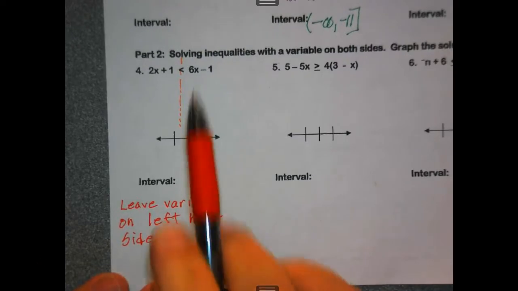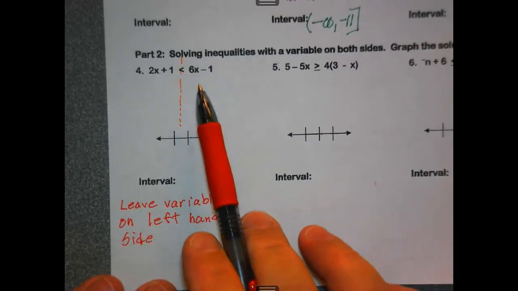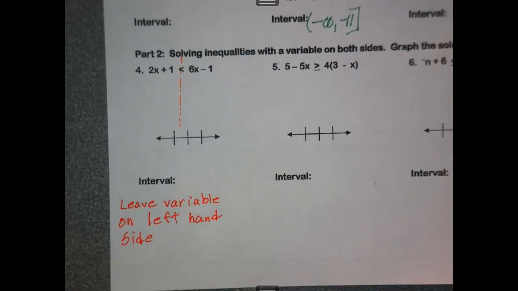Normally, I would always keep my variable term positive, right? I would subtract 2x. But believe it or not, I kind of break my own rules here with inequalities because it's easier to graph.